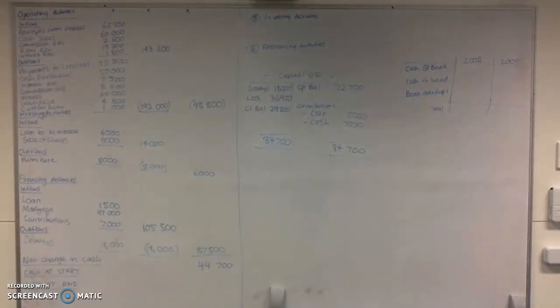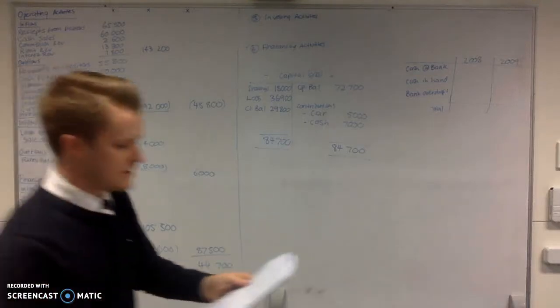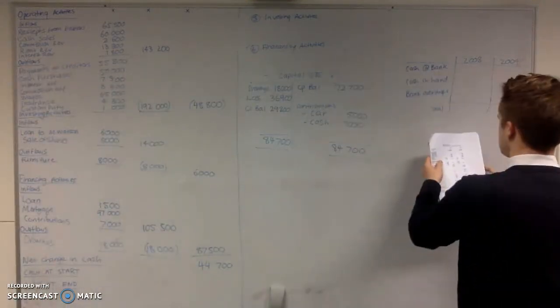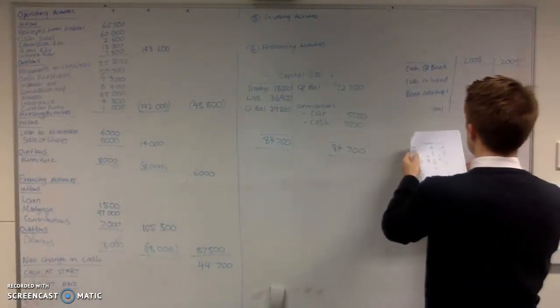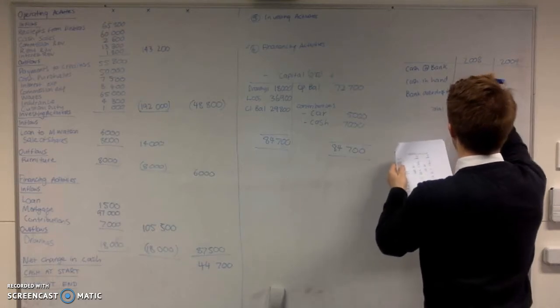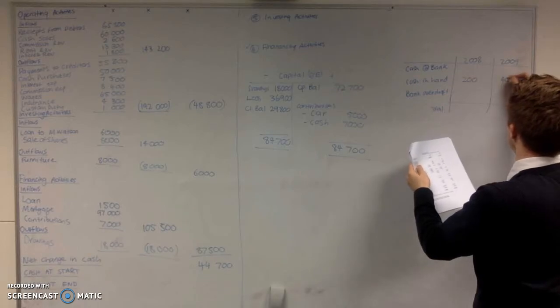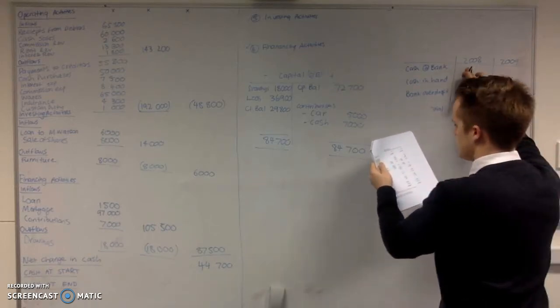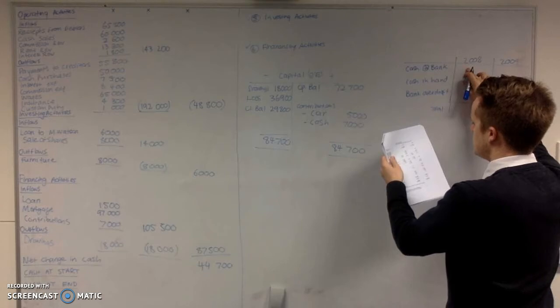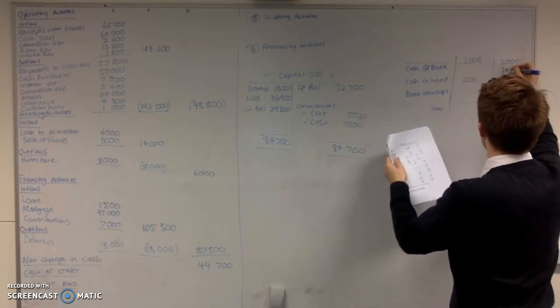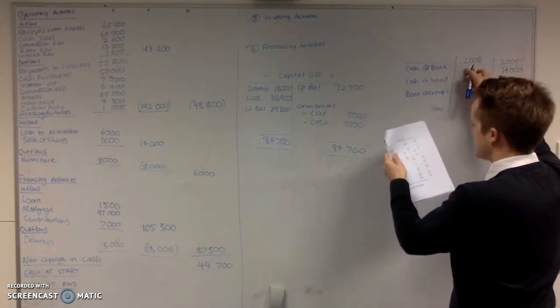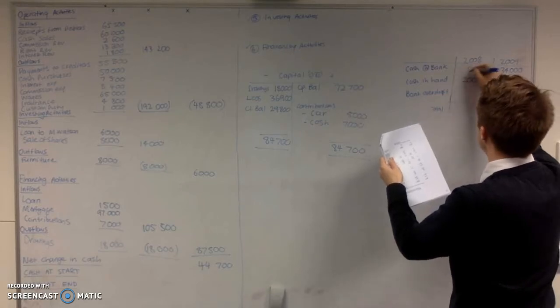So for this business, cash on hand in 2008 was $200. Cash on hand in 2009, well, that was $400. Cash at bank in 2009 was $34,000. Cash at bank in 2008 was $0.